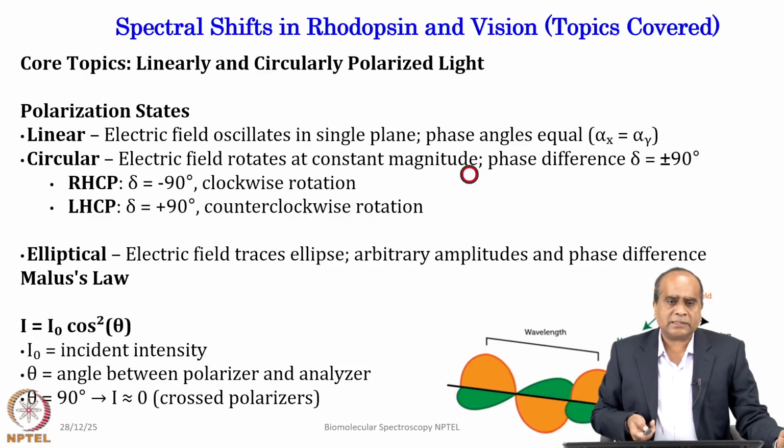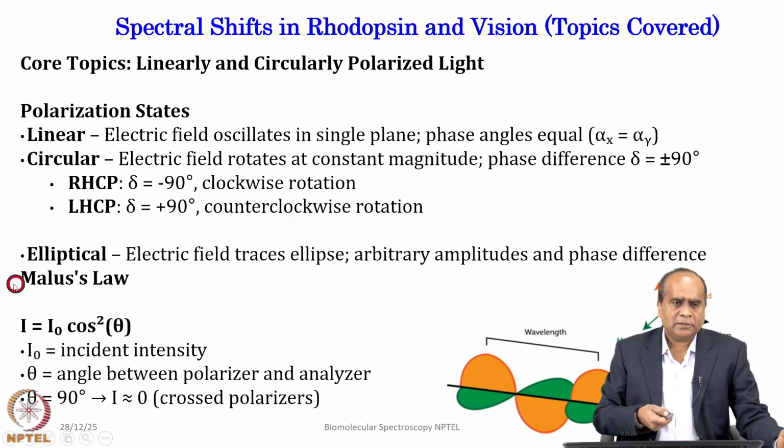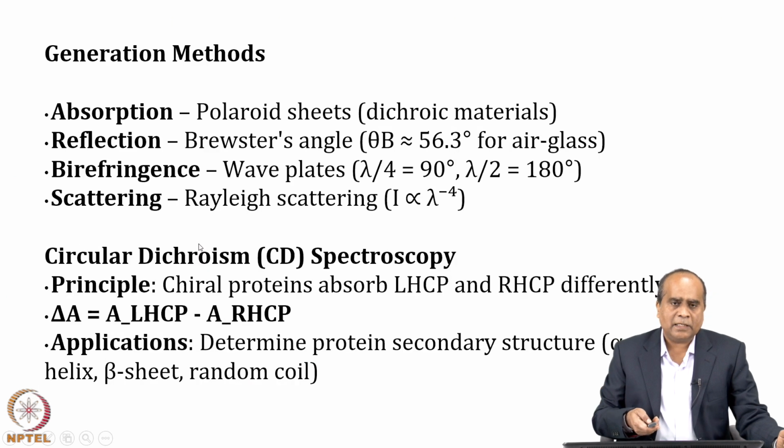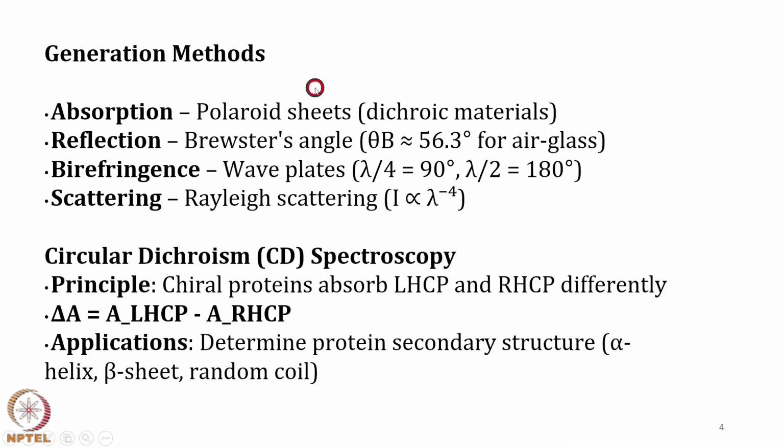In that case, the elliptical field has arbitrary amplitude and phase difference, and when it absorbs it follows Malus law where I equals I 0 cos square theta. So, I is the light that is coming out, I 0 is the incident light and theta is the angle between polarizer and analyzer. We are going to discuss these concepts in more detail. Then there are applications of such polarized light.